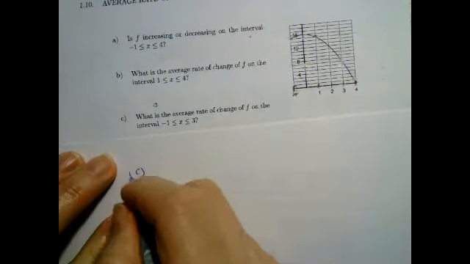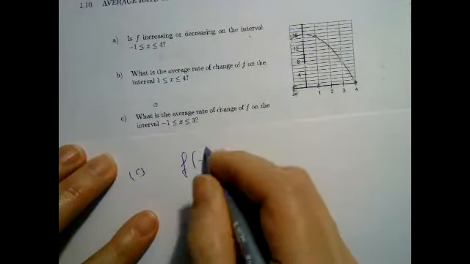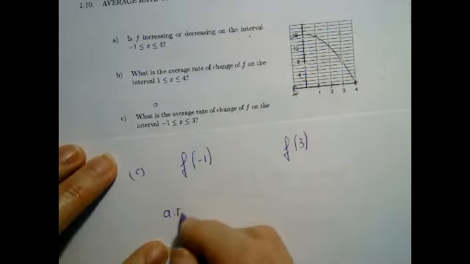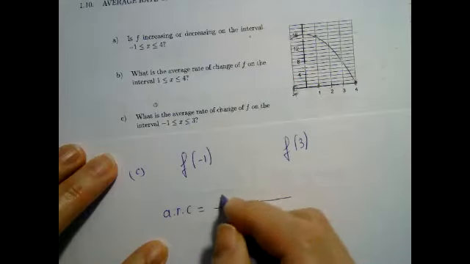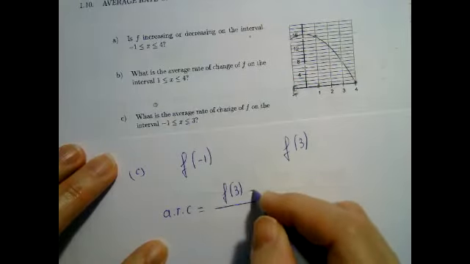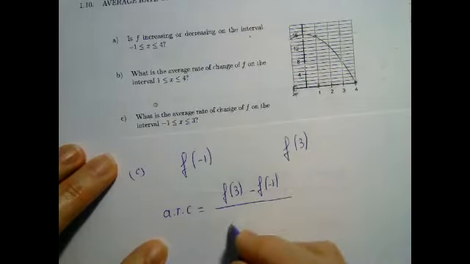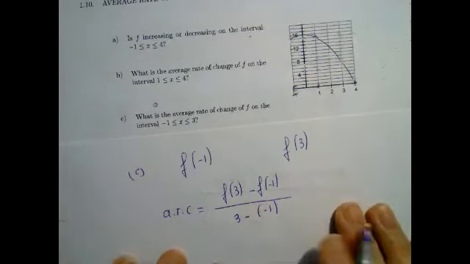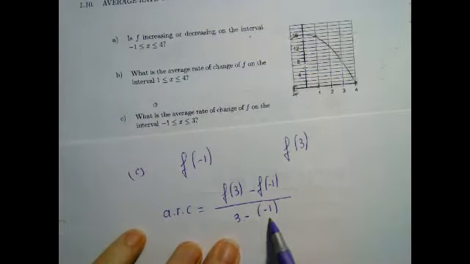Lost value. Yeah. What is f of -1? What is f of 3? And the average rate of change is the output at 3 minus the output at -1 over 3 minus -1. Be very careful. This is minus -1.